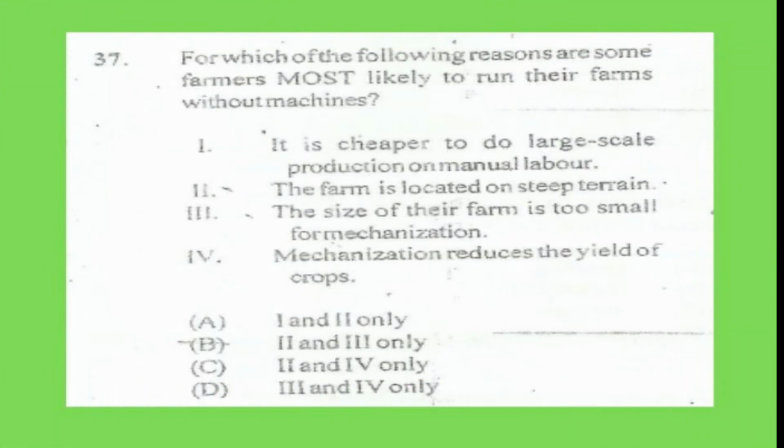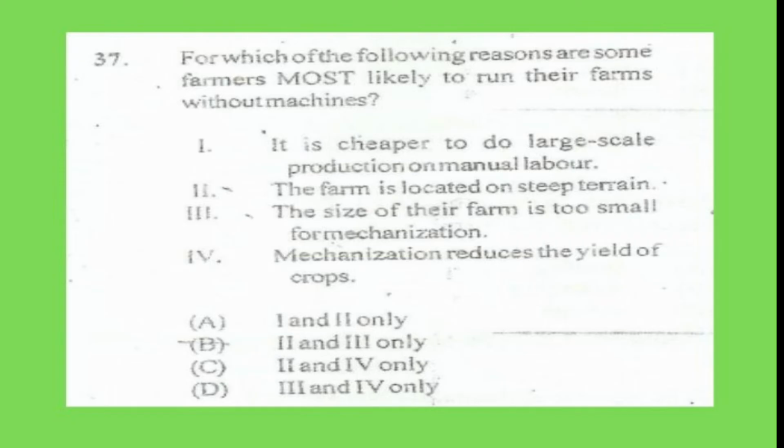Question 37. For which of the following reasons are some farmers most likely to run their farms without machines? 1. It is cheaper to do large-scale production with manual labor. 2. The farm is located on steep terrain. 3. The size of their farm is too small for mechanization. 4.